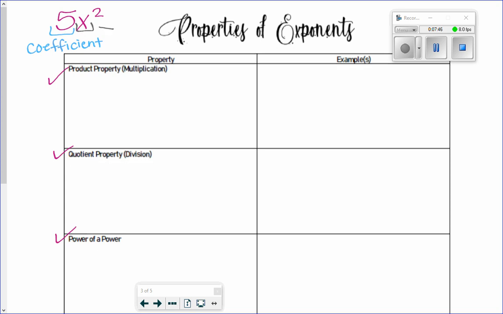All right, and this x, this variable of x has a special name. Anything raised to a power or raised to an exponent is the base. And then this little 2 right here, that's our exponent. So coefficient multiplies the power. The base is the number that's repeatedly multiplied over and over. And the exponent tells you how many times you're multiplying it.